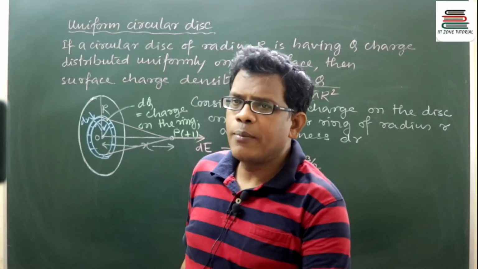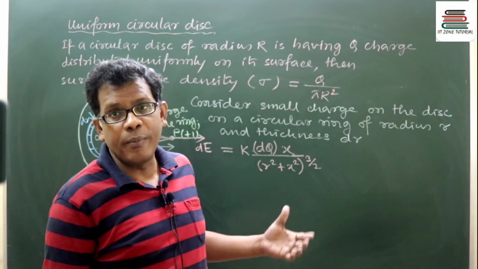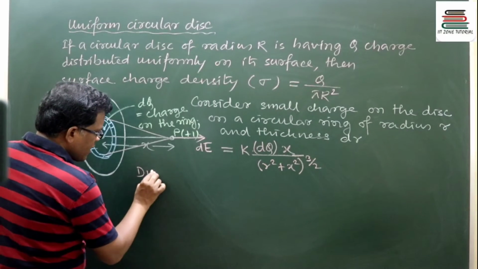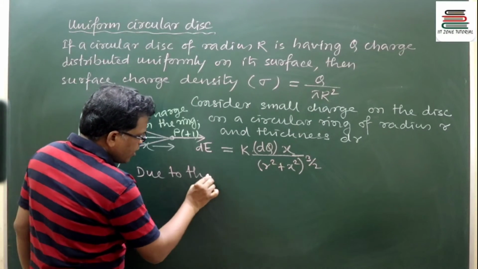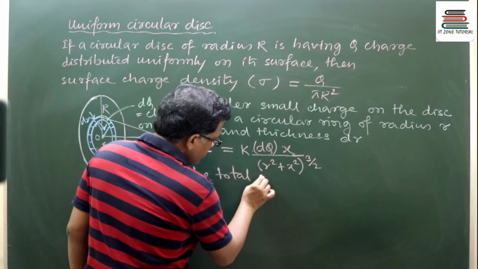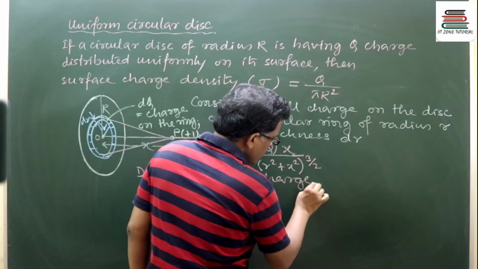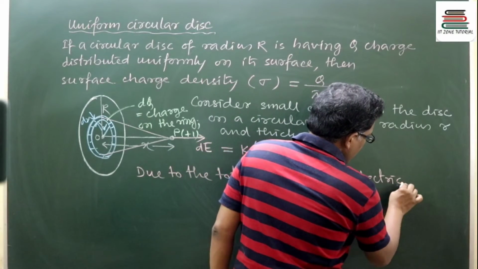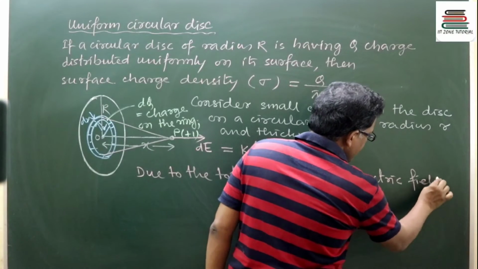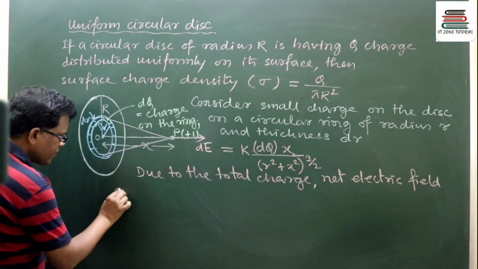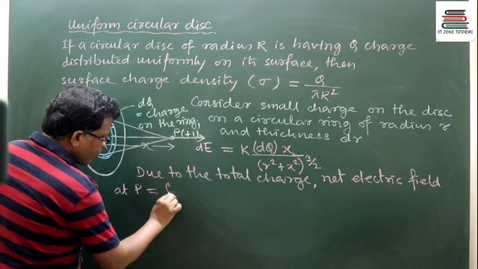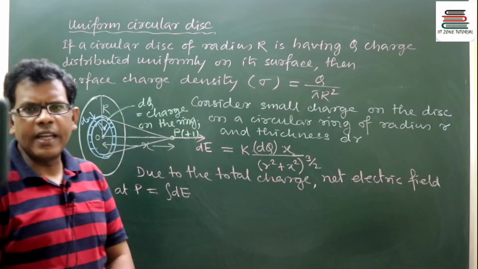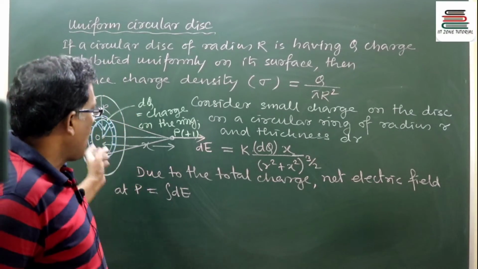Okay, the disk can be assumed to be a combination of many such rings, right? So therefore, due to the total charge, the net electric field at P can be obtained by integrating all such dE results against all possible rings appearing on the disk.